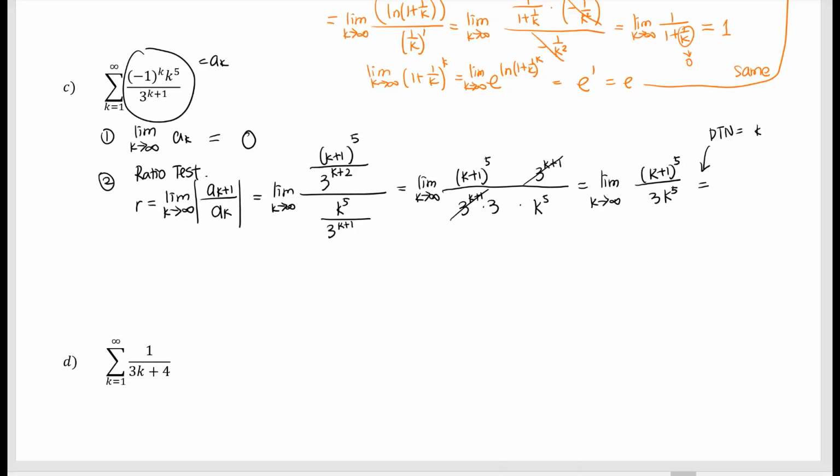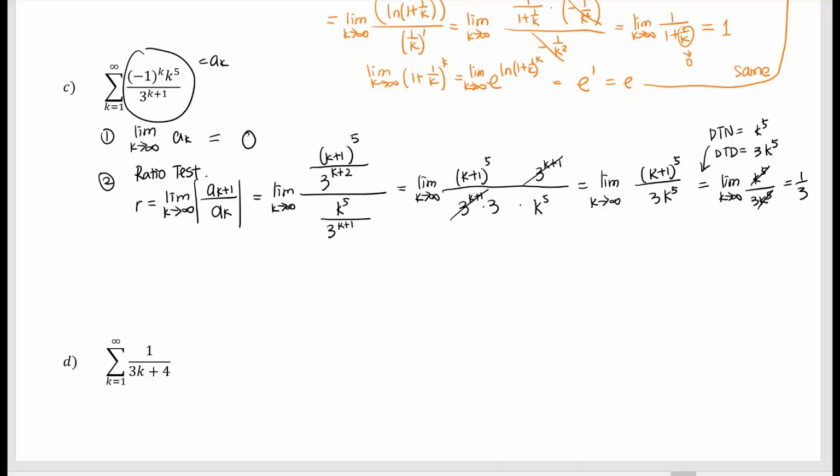We have k to the fifth. How about the dominant term of the denominator? 3k to the fifth. So we have k to the fifth over 3k to the fifth. K to the fifth cancels. We have 1 over 3.